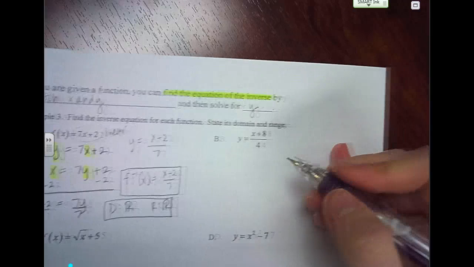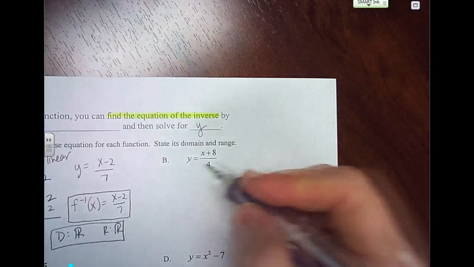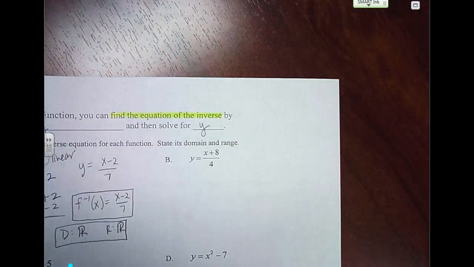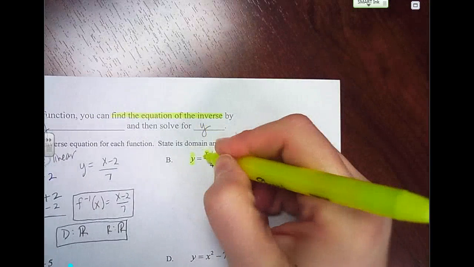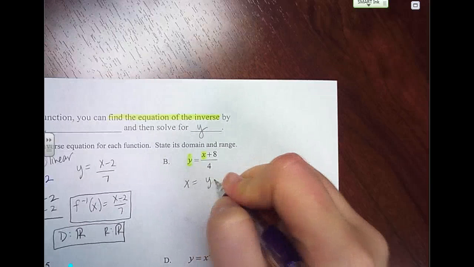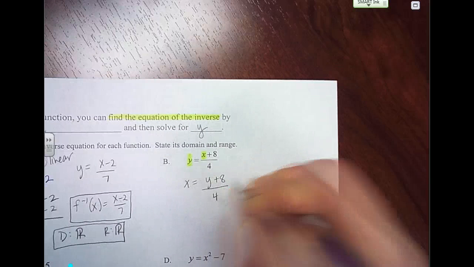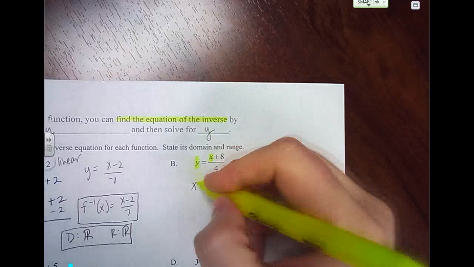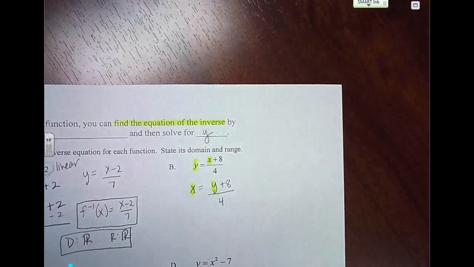All right, so let's try another one, B. So we already have the y here. So remember, first thing we're going to do is switch x and y. So literally change places. So we have x equals y plus 8 divided by 4. So I took x and y, just switched them. So now we want to solve for y.